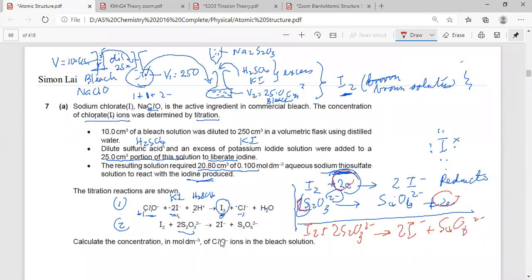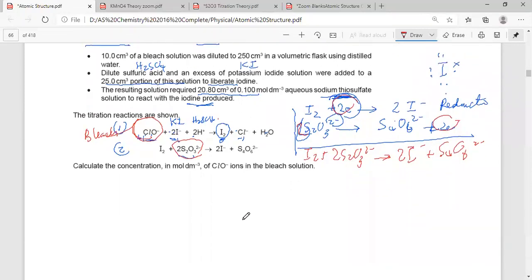So now, very simple. I want to relate, say this is the controlling factor. I didn't start with iodine, I start with my bleach. Everything is given in bleach. So how do I relate bleach to my thiosulphate? Very simple, again equivalence.